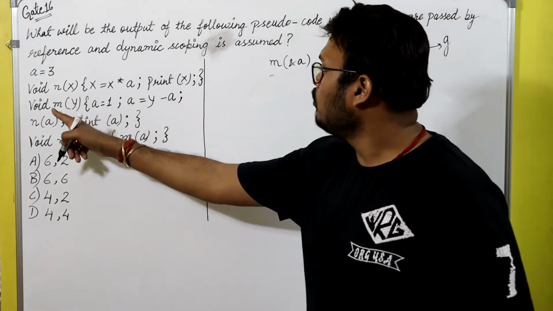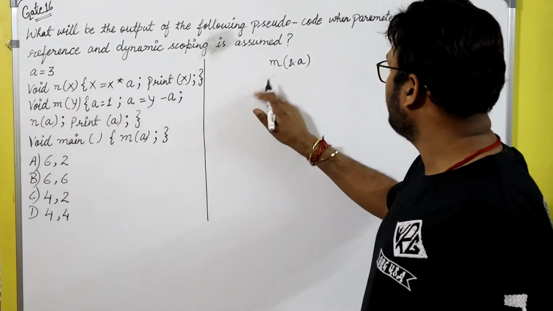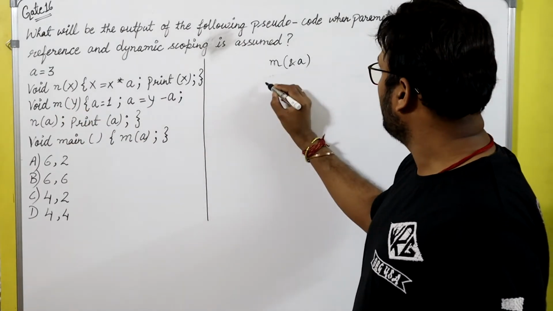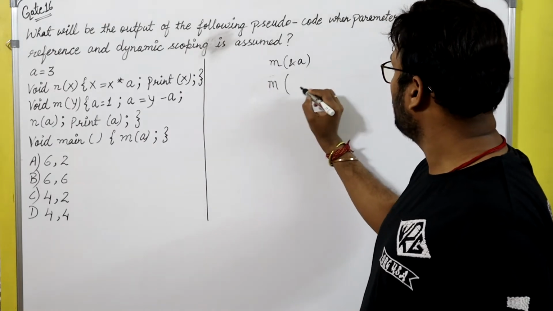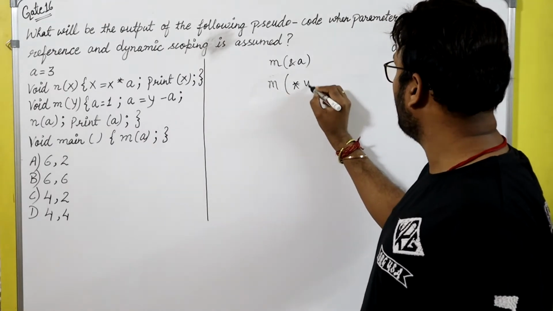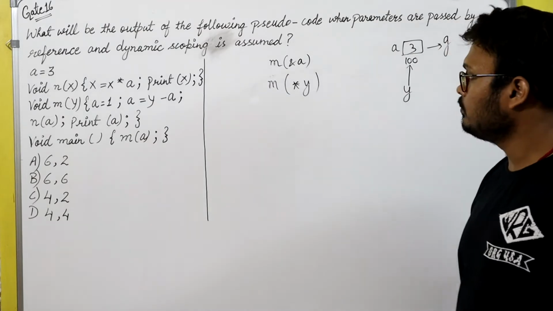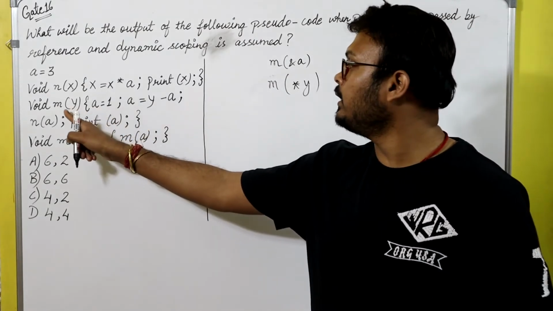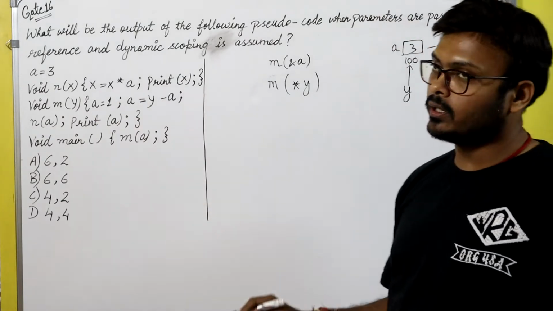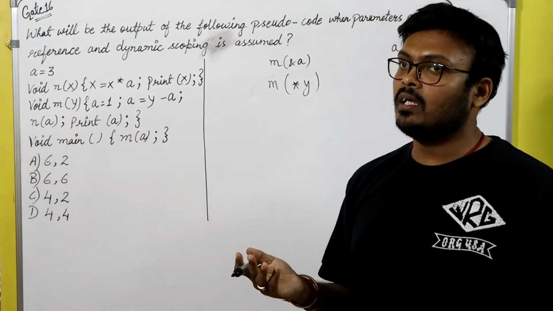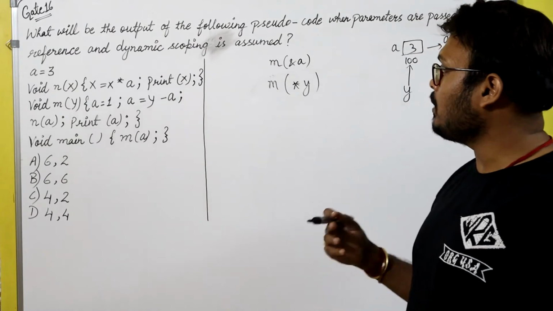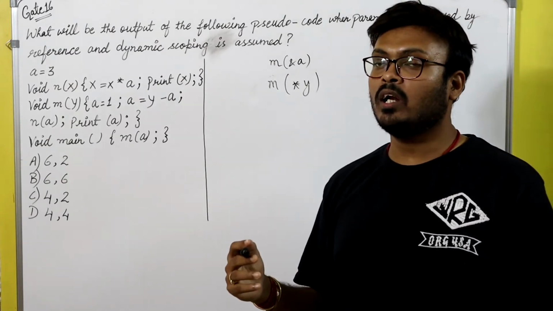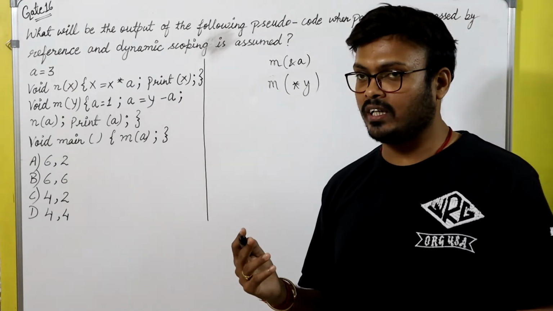So here, void m of y, it means m of star of y. Although they have not written star of y, you should interpret this as star of y because it is a pass by reference. What happens in pass by reference? Here we pass the address of the variable.